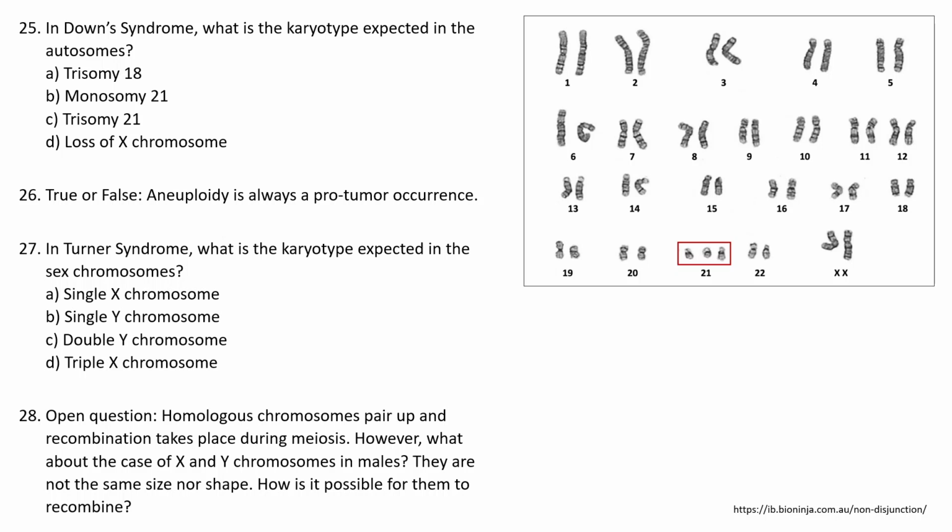So how is it possible for them to recombine? How do they align? Where do they recombine? They're not like the other autosomes, which are nicely, look at one, two, three. These are all the same size, they have the same banding. How do the X and Y chromosomes, when it comes to homologous recombination in males, how does it happen?